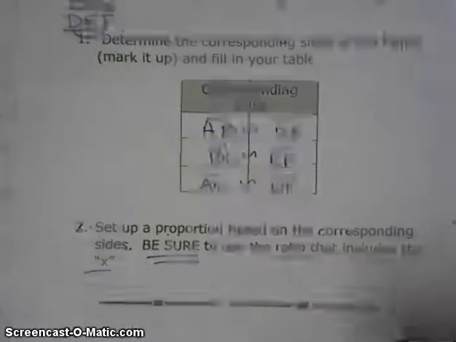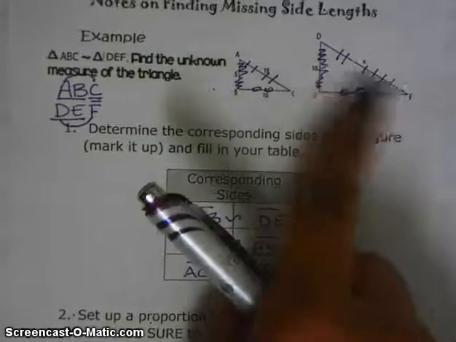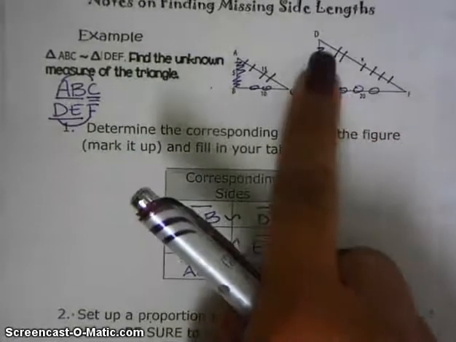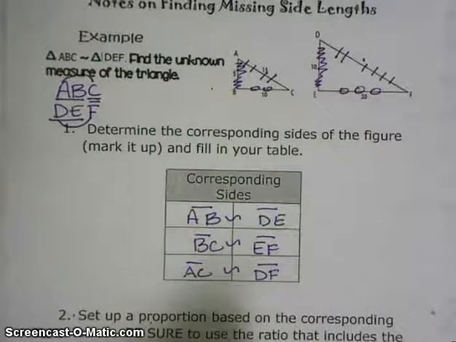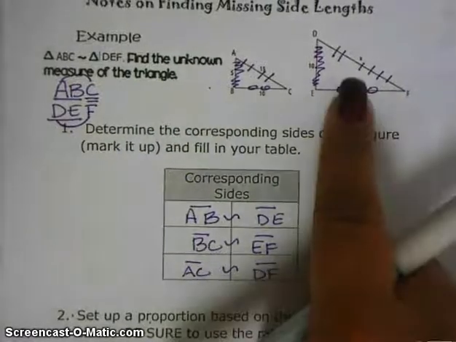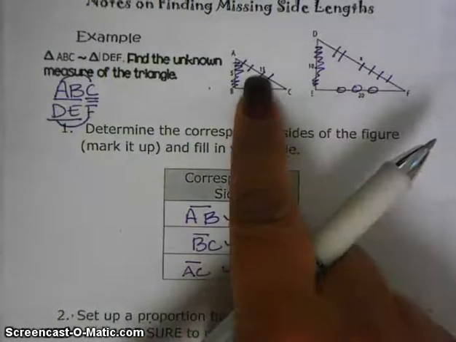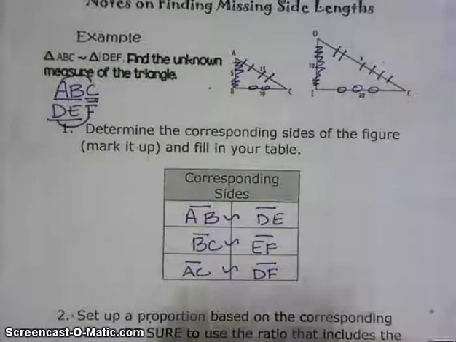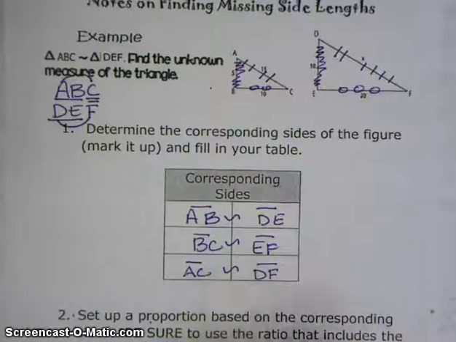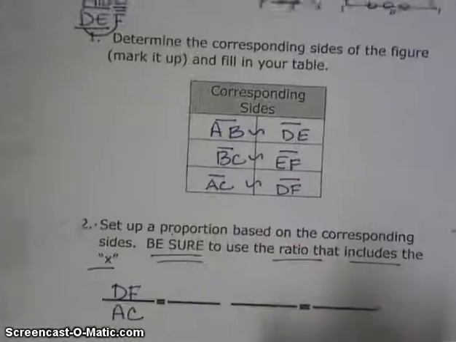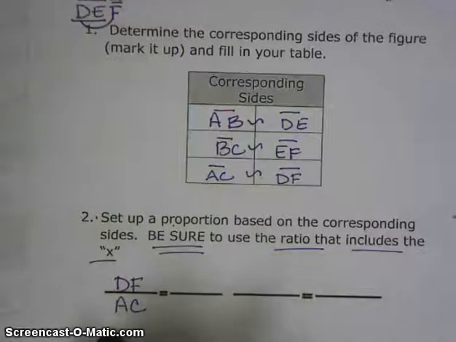Okay, so my ratio that has the X, it is the stitching. So I'm going to take DF, I'm starting on the big triangle, and it is similar to AC. So DF over AC, I'm sorry, you can't see it, DF over AC.